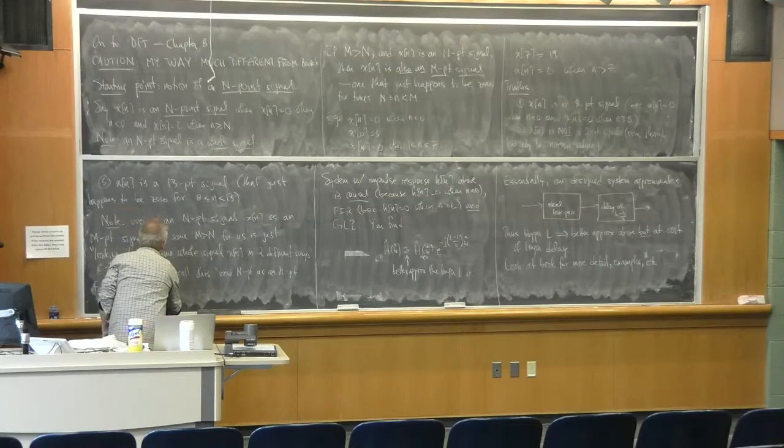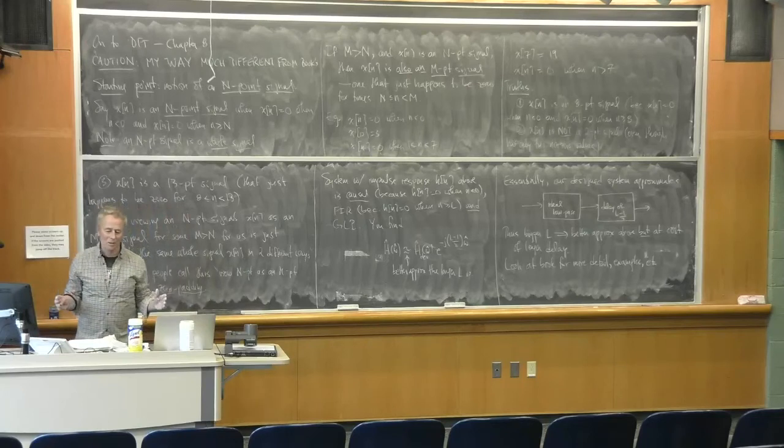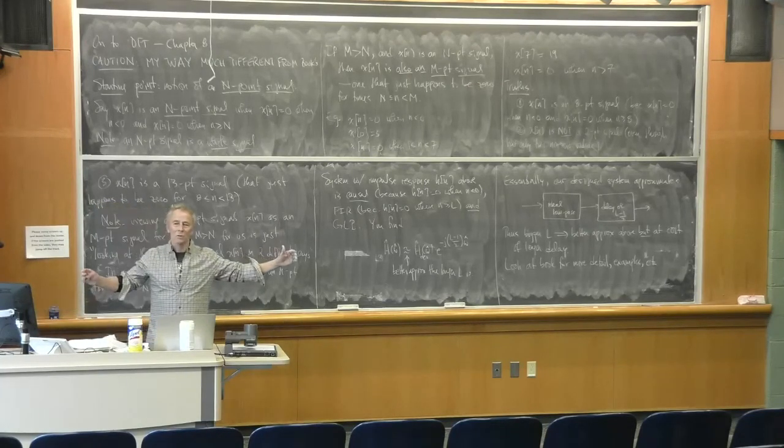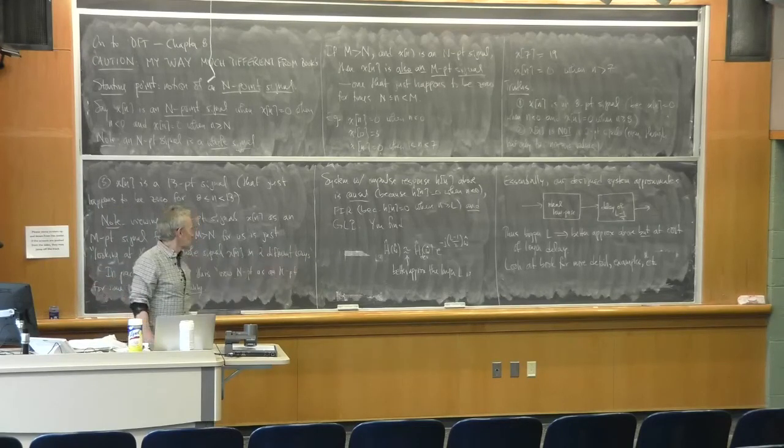They call it zero padding because they've got these n numbers that correspond to the n possible non-zero values in an n-point signal, and what they do is they extend it to a string of numbers of length cap M by just tacking on a bunch of zeros.